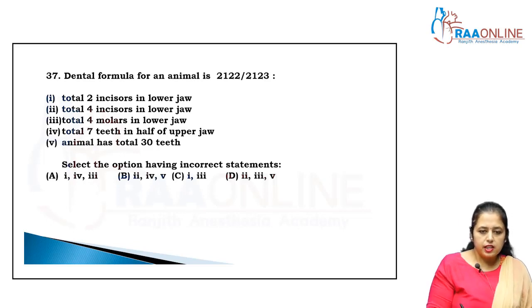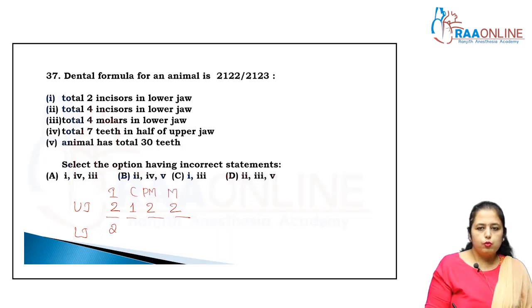Now come to the next: the dental formula of an animal is 2122 upon 2123, that is upper jaw, lower jaw, incisor, canine, premolars and molars. 2, 1, 2, 3.